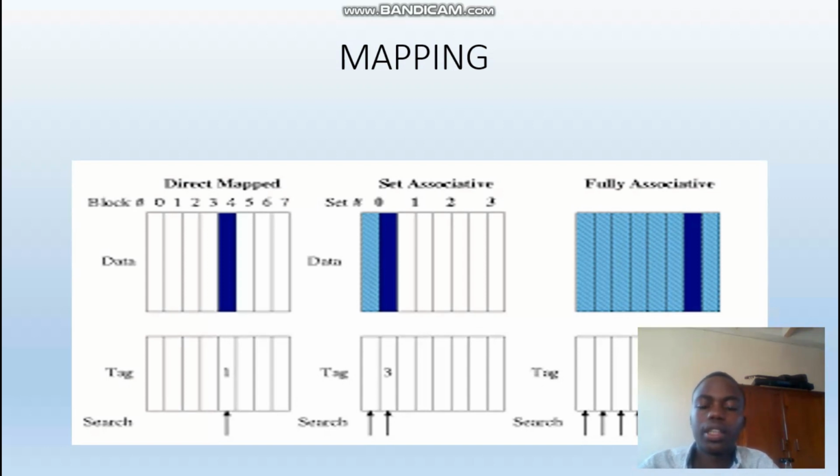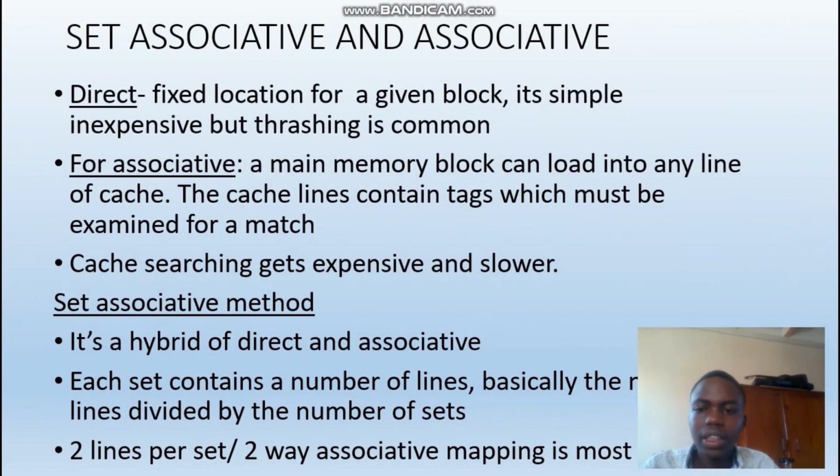The set may contain line 1 and line 2, so we look into line 1 and line 2 only. So the set associative method is faster, because we can look for a set where the data could be, and then it is faster to retrieve. But in the fully associative method, every line needs to be checked to see if the data that is being looked for is there.